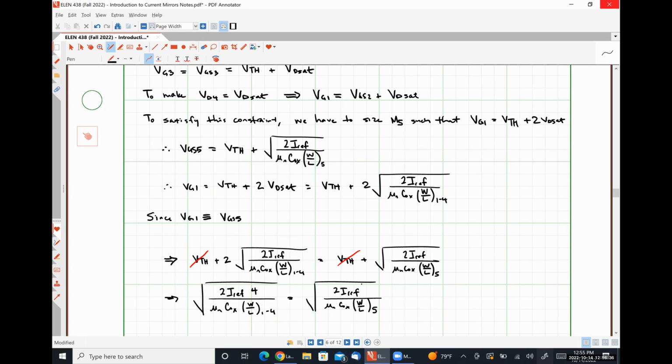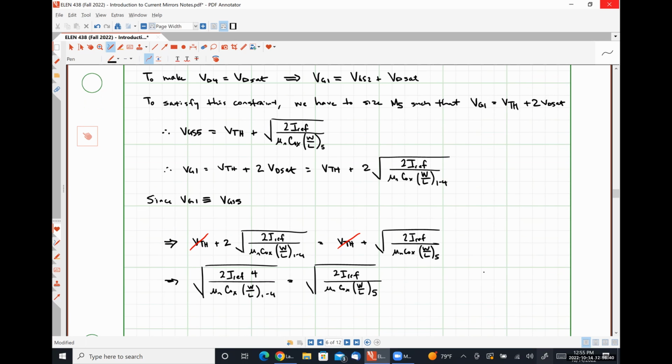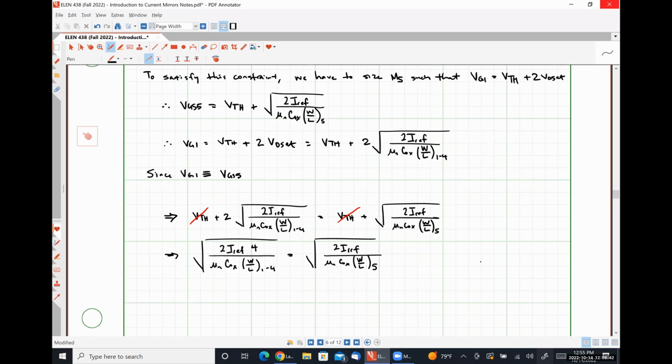So what does this tell us? Effectively, 2 is a constant, IREF is a constant, mu n times Cox is also a constant.